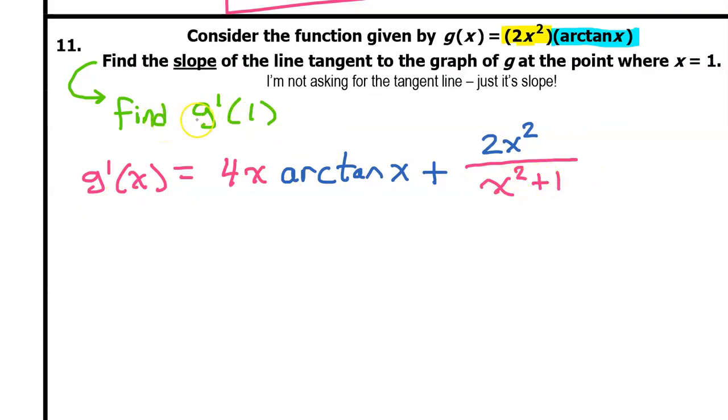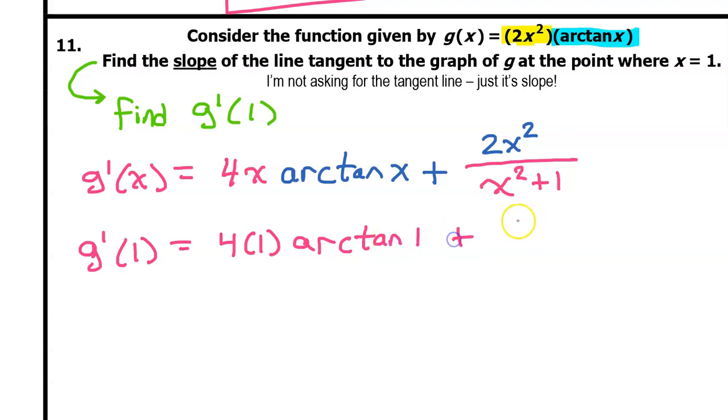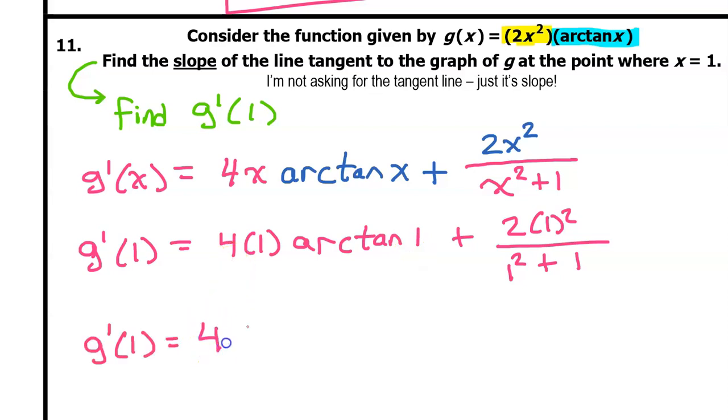Now we just need to find g prime at 1, the slope of the tangent at x equals 1. So here we go. g prime at 1 is equal to 4 times 1 times the arctangent of 1 plus 2 times 1 squared over 1 squared plus 1. I'm going to go ahead and bring down this 4 for now.